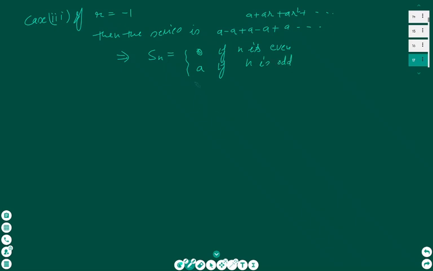So this sequence takes the values 0 and a, 0 and a. For n even it takes the value 0, and for n odd it takes the value a, so the sequence Sn is a, 0, a, 0, a, 0.